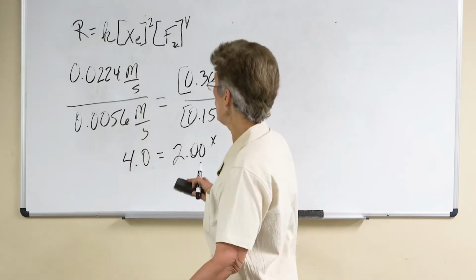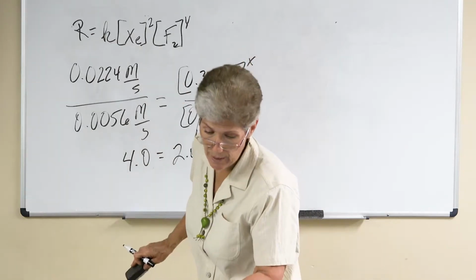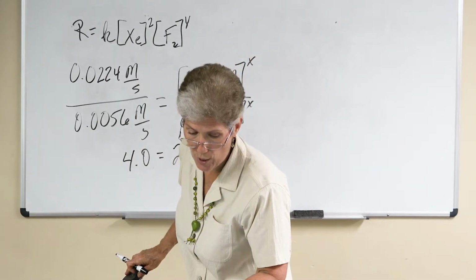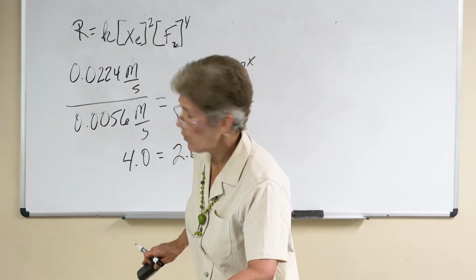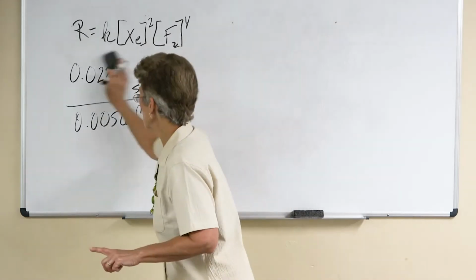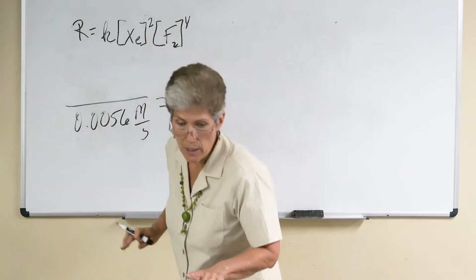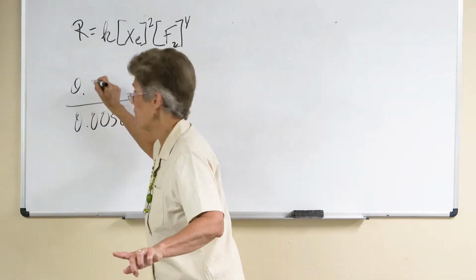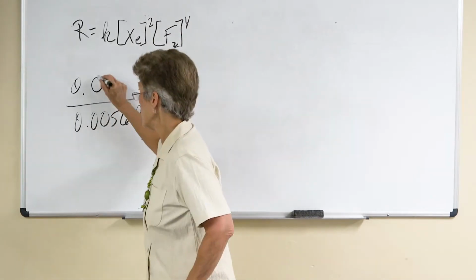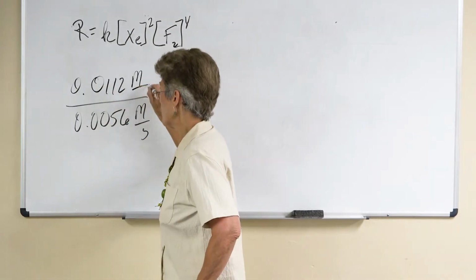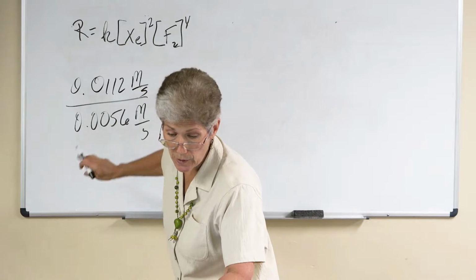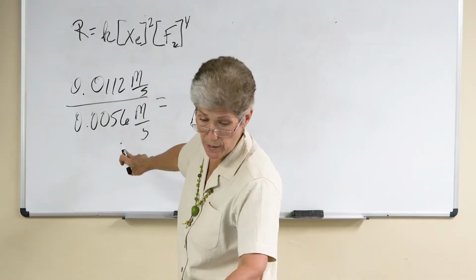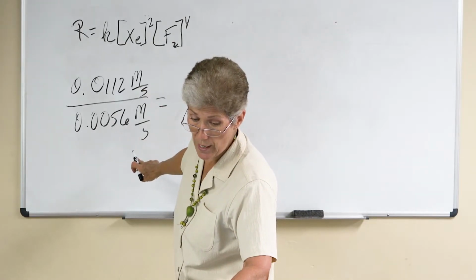Now, we're going to look at where Xe is held constant, trials 1 and 3. So I'm going to come back here and do trials 1 and 3. So 3 is 0.0112 molar per second. There's trial 1. And now we're looking for F2.